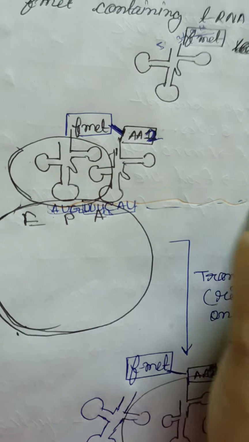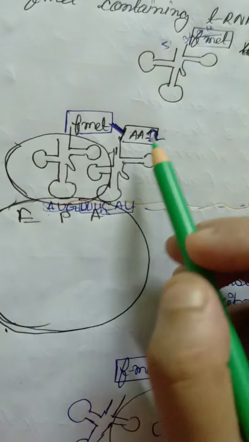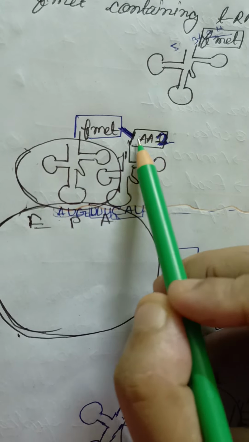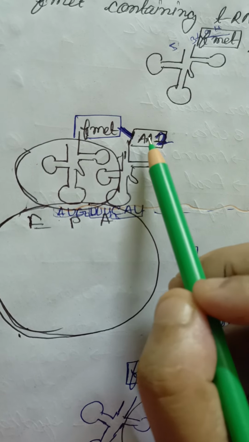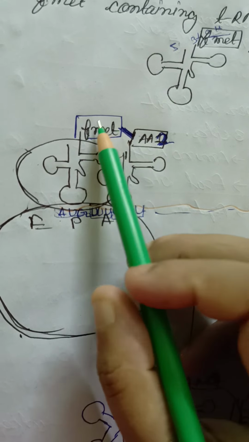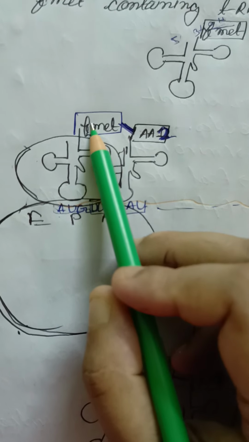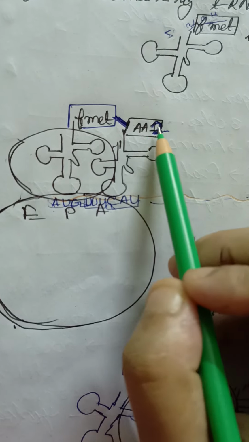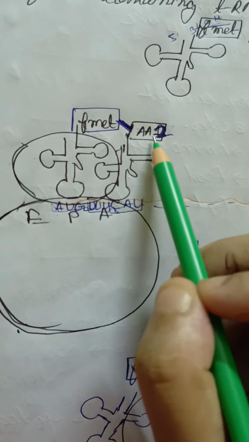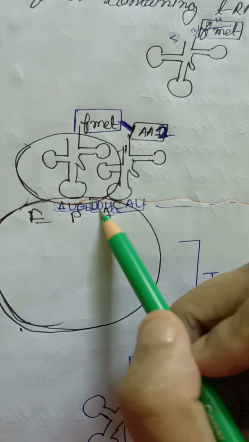In this way the codons will go, and at last there will be the stop codon. So the next tRNA containing the next amino acid, suppose this is amino acid 1, FMet, the amino acid for methionine, and this is amino acid 2-containing tRNA. So this will bind at the next site, that is A.